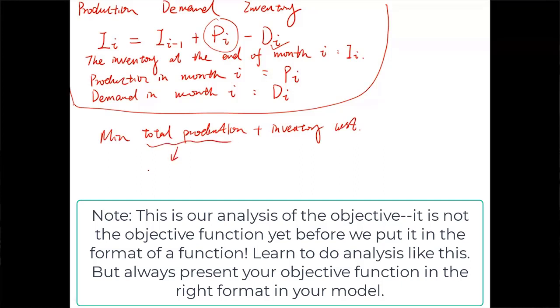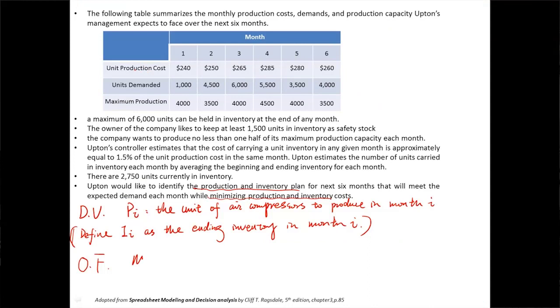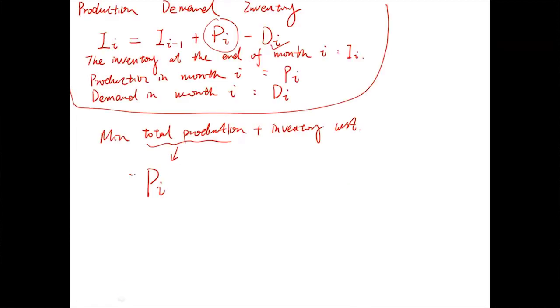It's the units you produce, because in that table the unit production cost is given. So that would be PI multiplied by CPI, the unit production cost. It goes from 1 to 6.